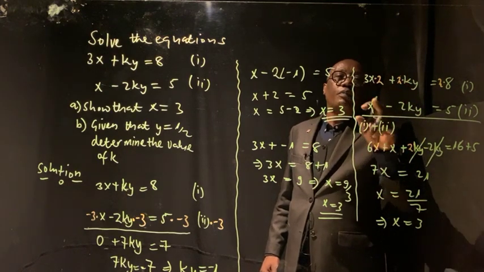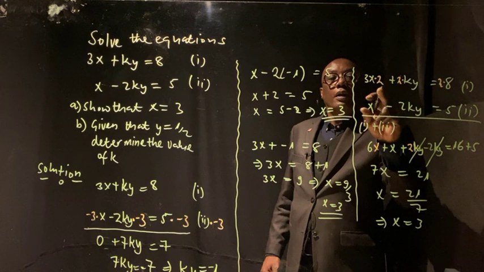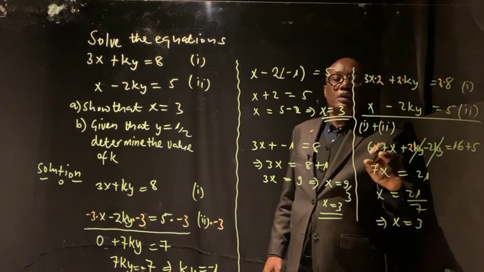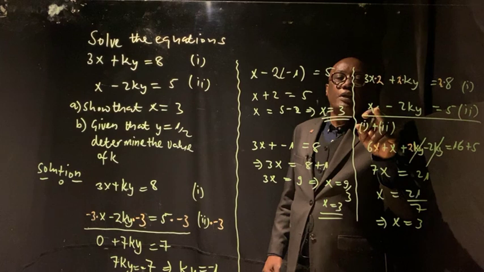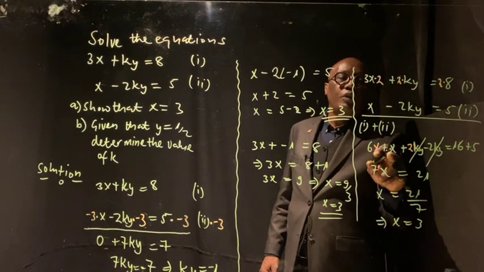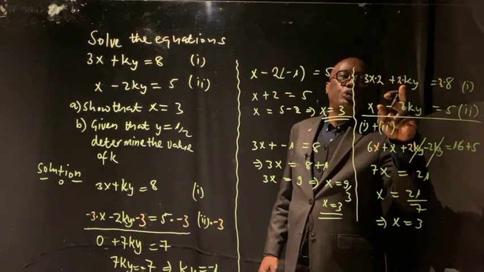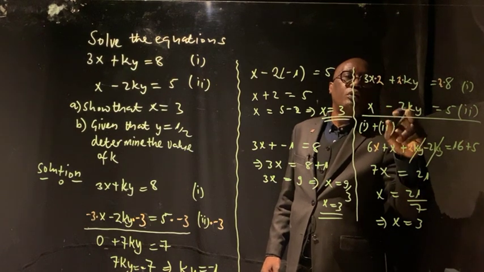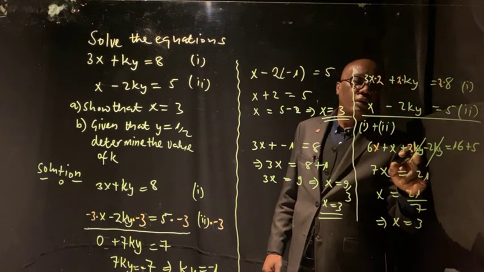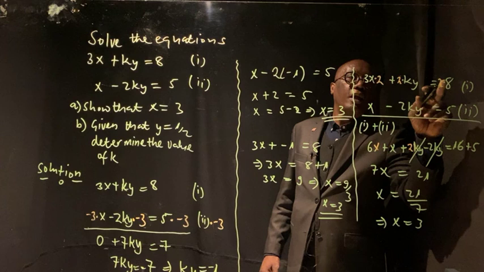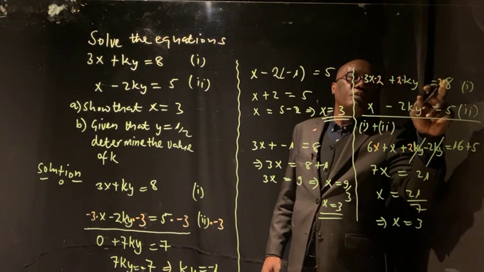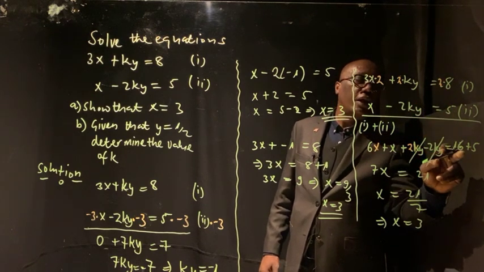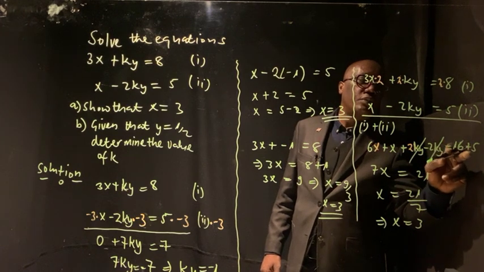So we have equation 1, 3x multiplied by 2 gives us 6x. Then being added to x, we have x over there. Then equation 2, 2ky minus 2ky, we had it over there. And we had 2 times 8 plus 5, we had 16 plus 5.